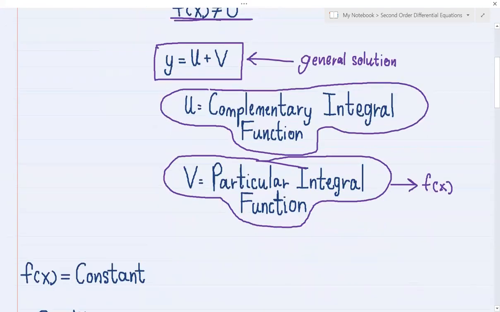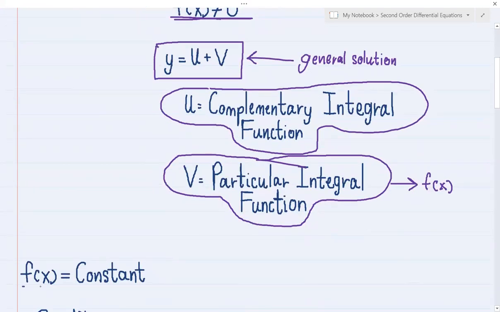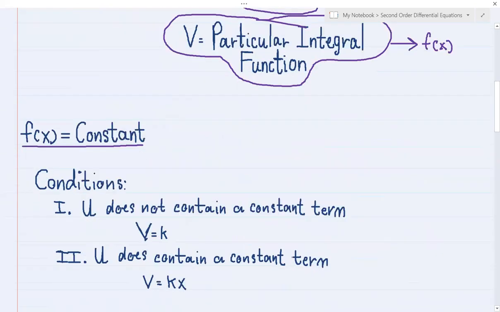Since we have a constant, and that's our topic for today, your function is a constant. Actually, it is already mentioned here. Your f of x is equal to a constant. So since your f of x is a constant, meaning it is just a number, there are conditions that you're going to use. First condition: if your u, or your complementary integral function, does not contain a constant term, then you're going to substitute v as k, or basically v is equal to k.